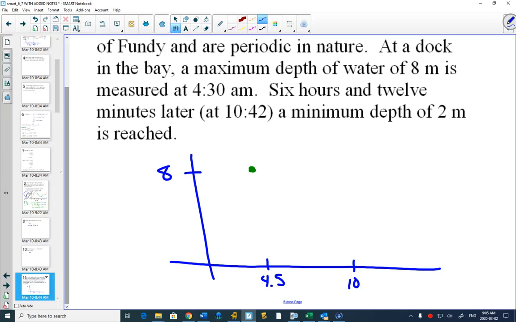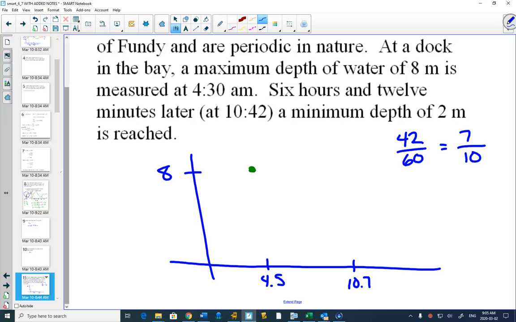Looking at 60, what happens if you do 42 out of 60? Could you divide them both by 6? Get 7 out of 10. So this will be at 10.7.